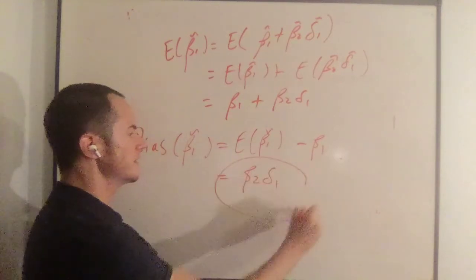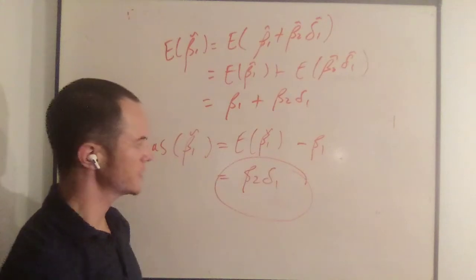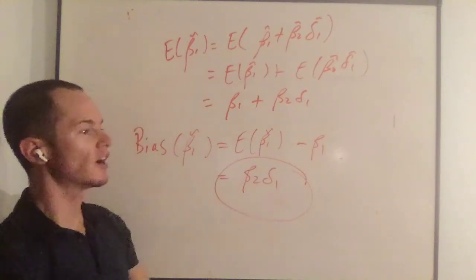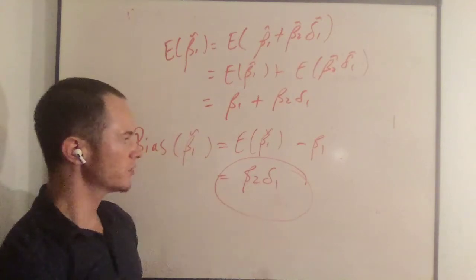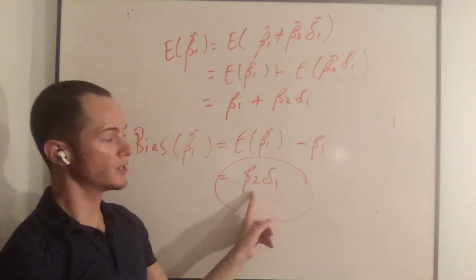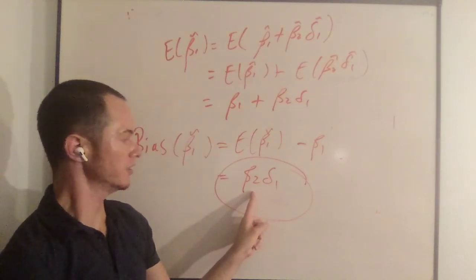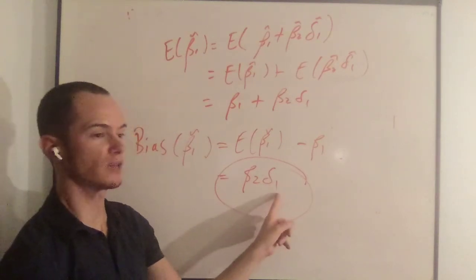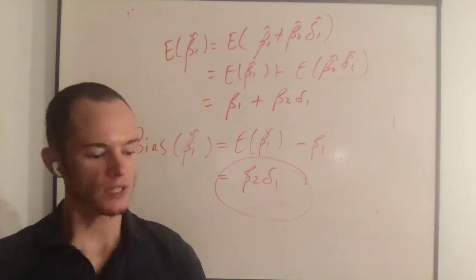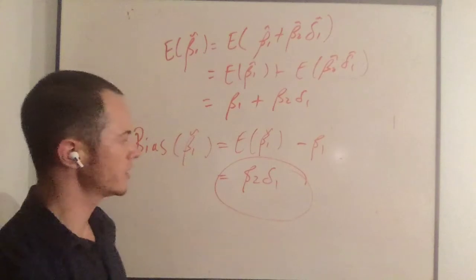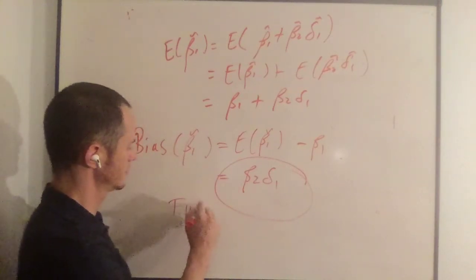So this is the amount by which our coefficient is going to be biased if we leave out that variable x2. And again, we're not going to have this bias if beta 2 is equal to 0, so if x2 doesn't actually enter the population regression model, or if delta 1 is equal to 0, if x2 is uncorrelated with x1. So we need two conditions for there to be omitted variable bias.